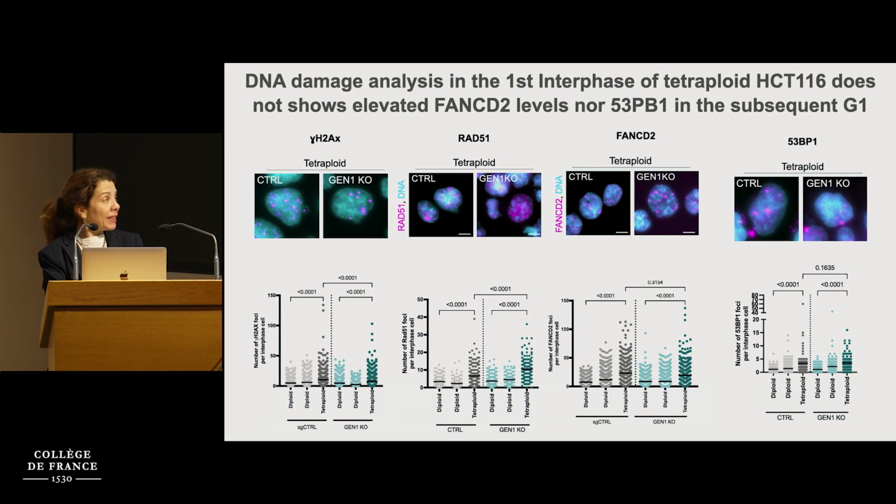Now, we turn to the HCT116 to actually see if we were seeing the same. But we realized that even if there are more gamma H2AX foci, the levels of RAD51 in this case were also increased, but not FANCD2. So it's really quite different from what we were seeing in RPE1 cells, but also the levels of 53BP1 in the subsequent G1 phase after the first mitosis.